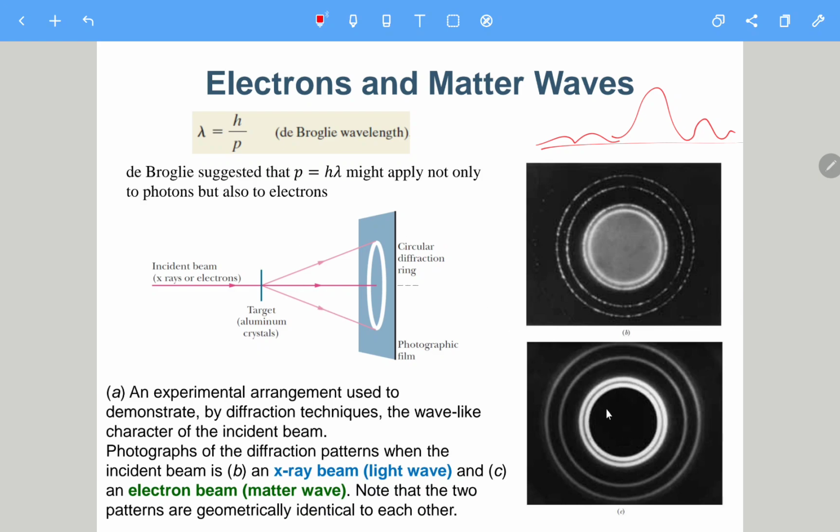The electron also will have the interference with itself, actually the diffraction with itself. So note that the two patterns are geometrically identical to each other, although you feel like this is darker for C, and a bit whiter for this one. But actually the patterns are identical.